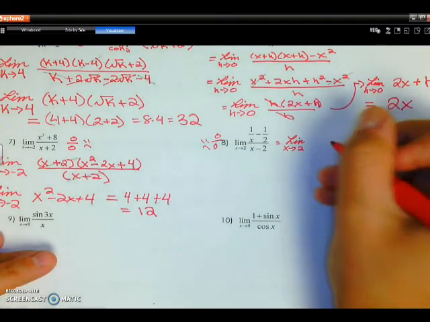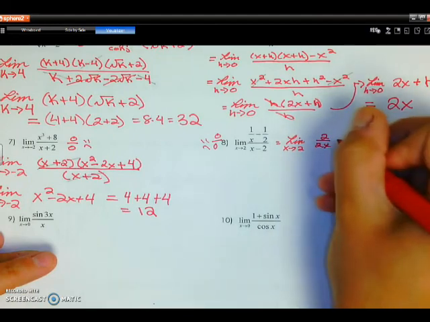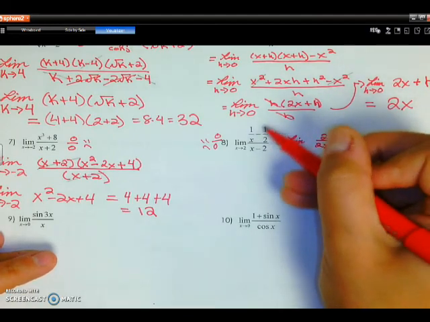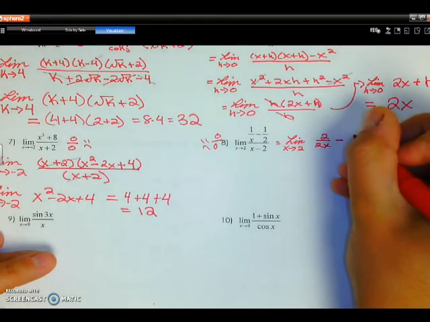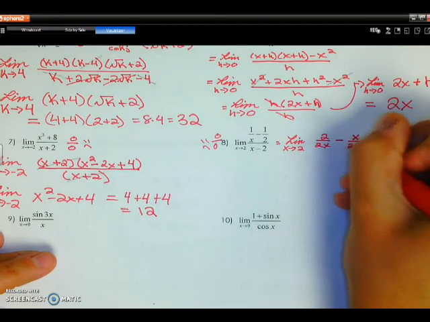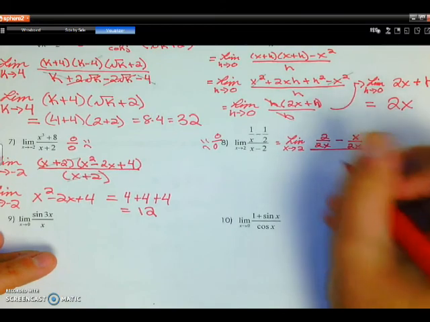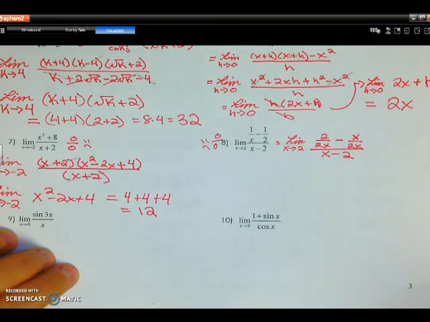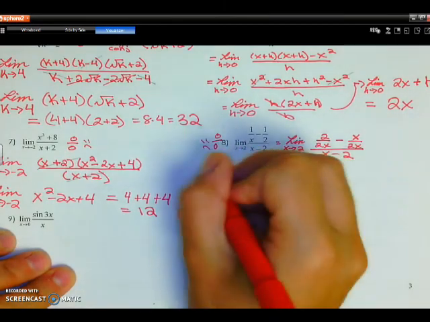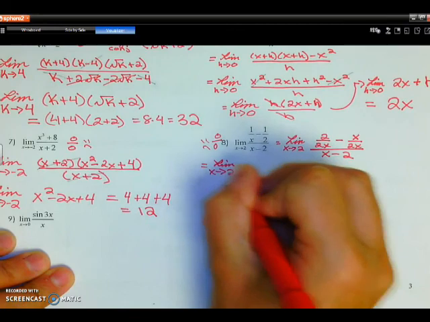So I'm going to end up with 2 over 2x minus, now on this piece of the fraction over here, I'm going to need the denominator to be an x, so I need to multiply by x over x. So I'm going to get 1x, or just x, over 2x divided by, and I'm just going to leave that part alone, x minus 2. Okay, so now that I've got that, I'm going to say that that equals the limit as x approaches 2.